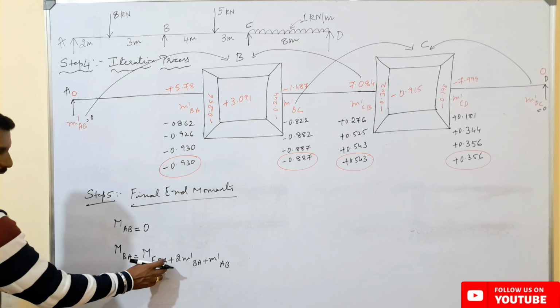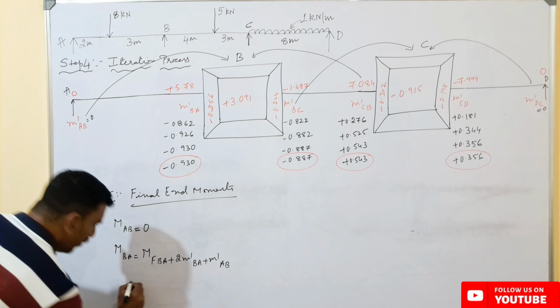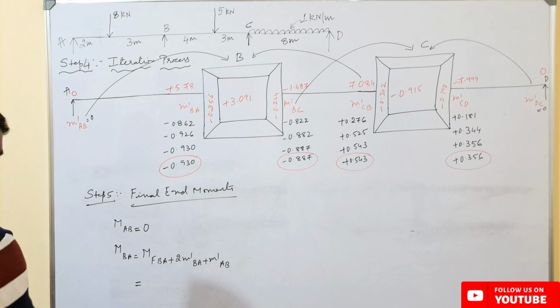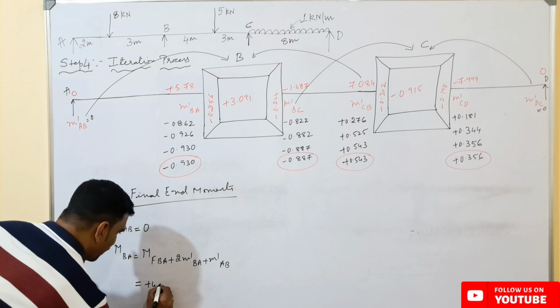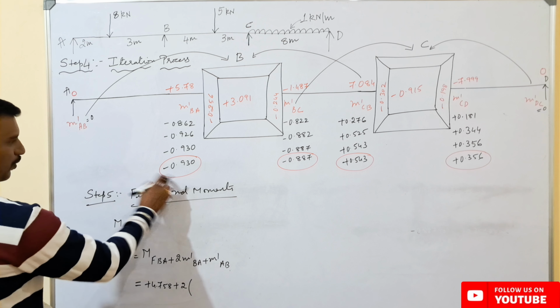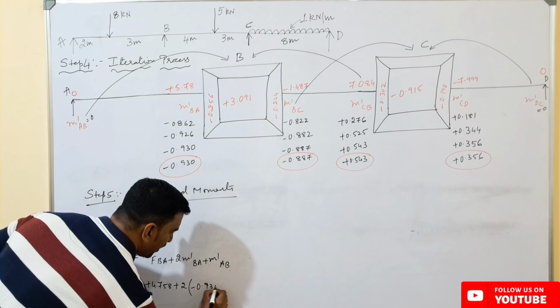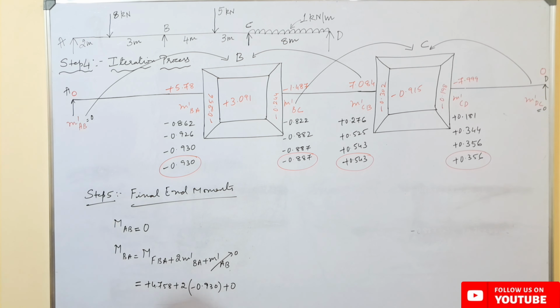So here we know the value. In step 2 we have considered the modified fixed end moment value, which will be equal to the modified fixed end moment value here we have got, plus 4.758, plus 2 times rotation contribution, here this value M'BA, which is minus 0.930, plus this value is 0 here because M'AB is 0.